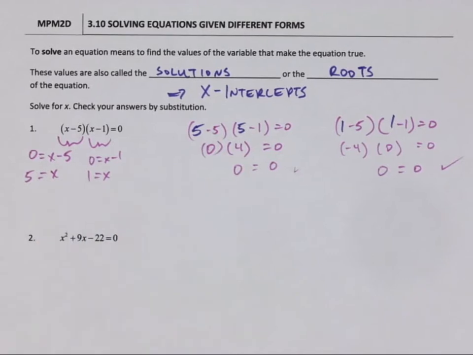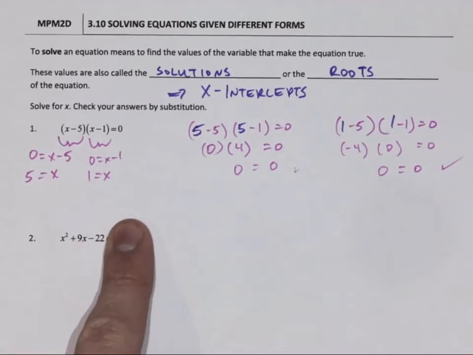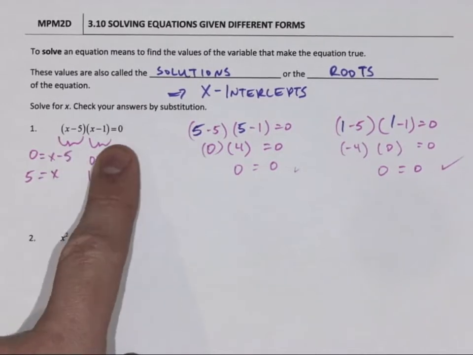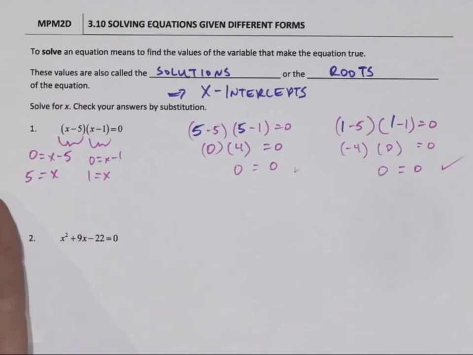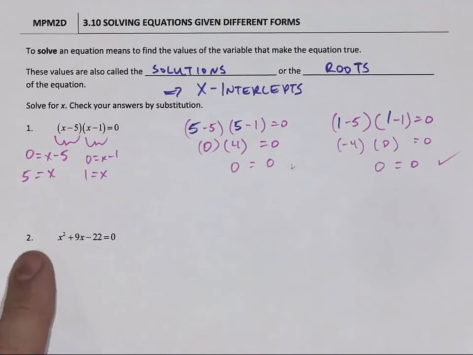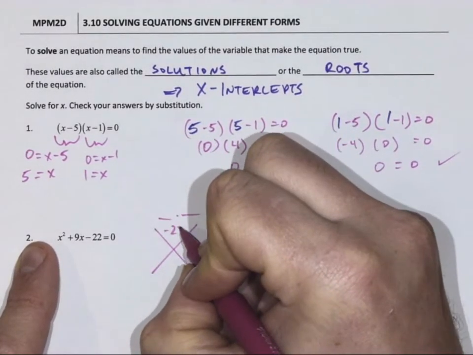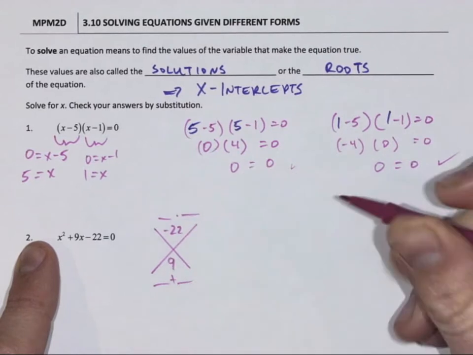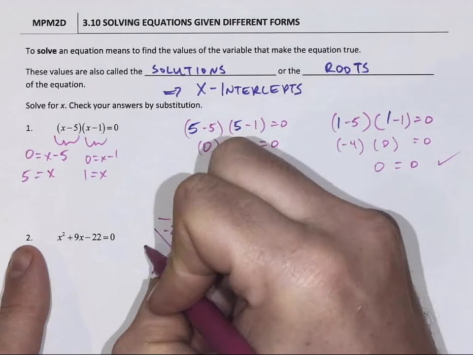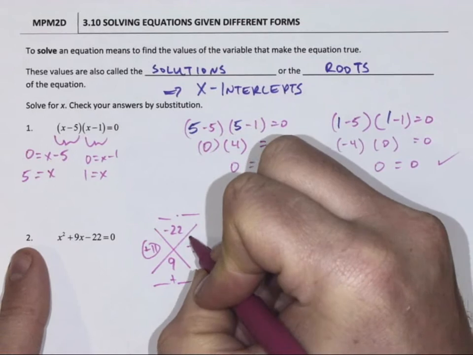Those are my x-intercepts. If we see a trinomial in standard form, we can factor it and then pull out our solutions or our x-intercepts. For a simple trinomial, meaning the coefficient in front of the x squared term is 1, we're looking for two numbers that multiply to negative 22 and add to 9. Those numbers are positive 11 and negative 2.